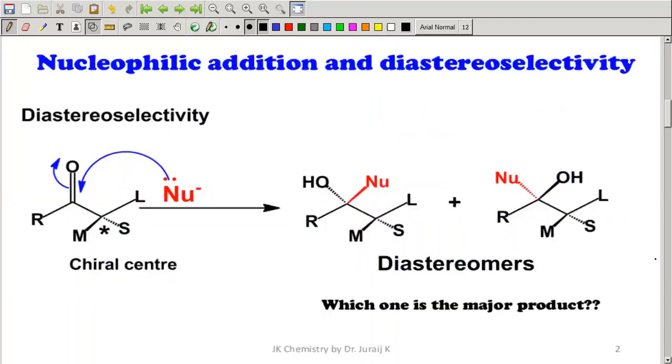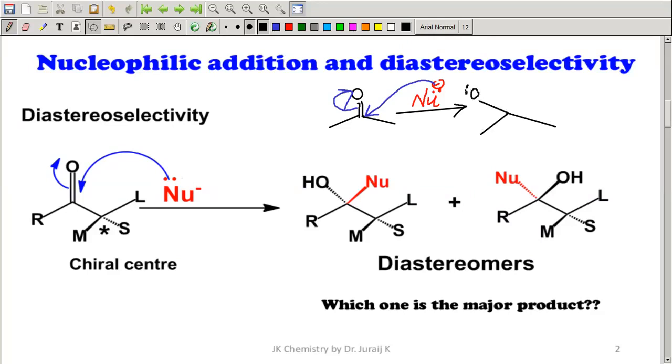As we mentioned earlier, we know about nucleophilic addition reaction in carbonyl compounds. Generally, if you have a carbonyl compound like this and you do nucleophilic addition to it, you will end up with a tetrahedral intermediate.